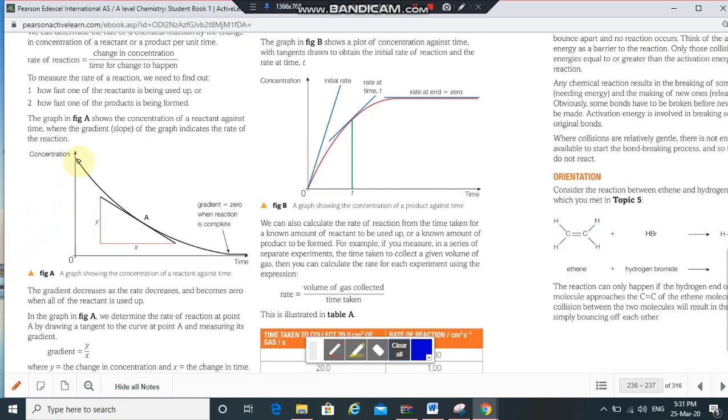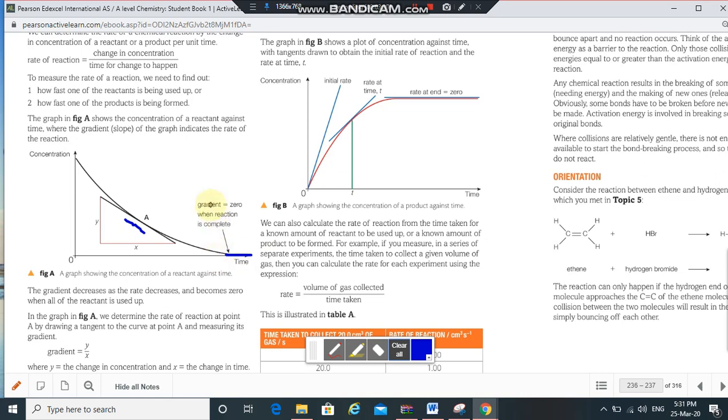Okay, here we have decreasing. We have the maximum amount or concentration of the reactant at 0 time, and it will start to decrease until we reach what? Zero concentration of the reactant. We have consumed all of the reactant.